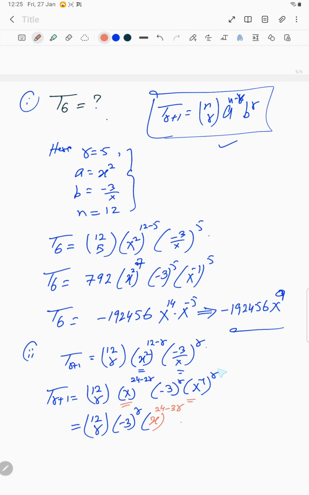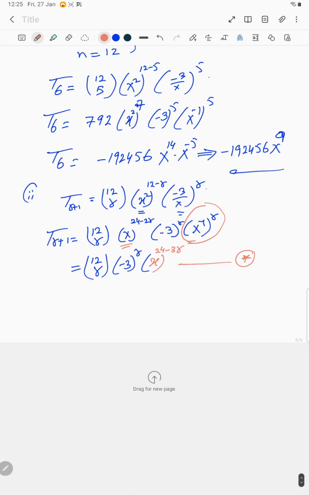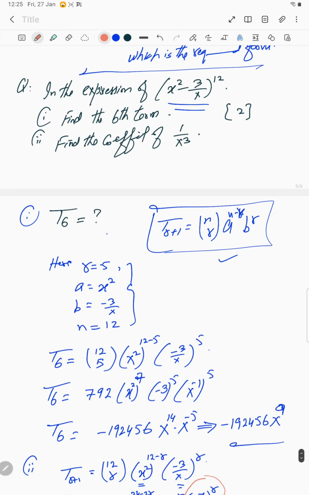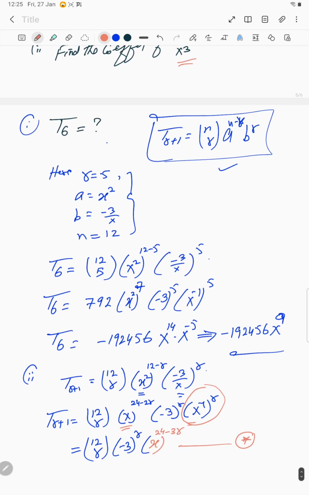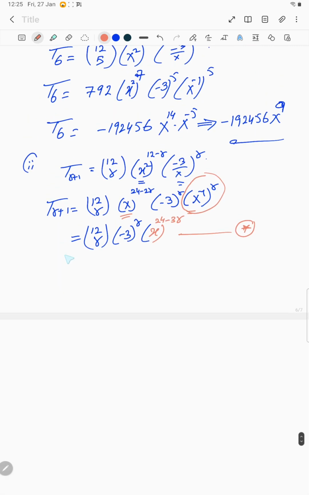Right, because this term becomes x power minus r, and here x power 24 minus 2r. When you add it, you will get this form. As you are looking for the coefficient of 1 over x3, it means x power minus 3. And we are looking for the value of r.